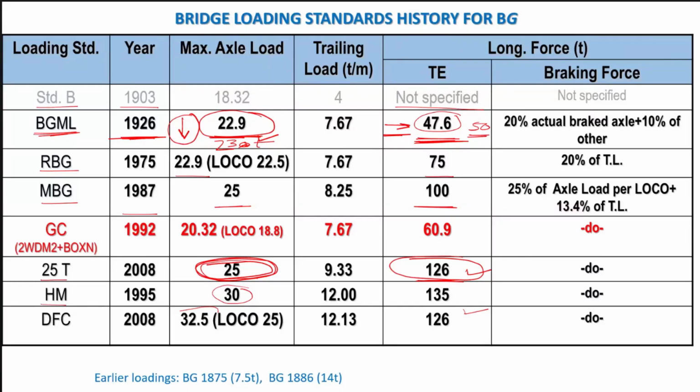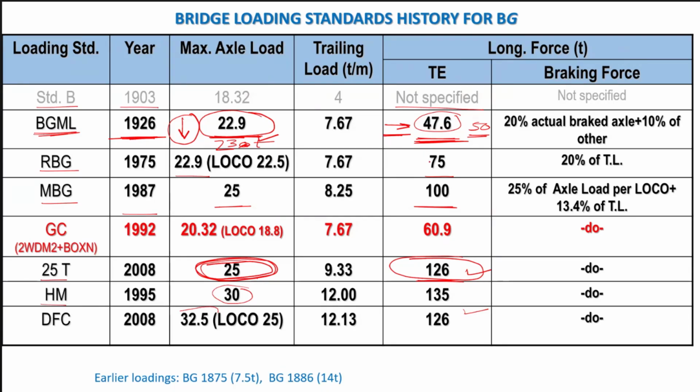Here the important thing is that the axle load increase is only 8%, and even MBG was 23%. So since the increase in axle load is only 8%, it means the superstructure does not become much more critical. Most of the time you will see RDSO has passed our BGML standard spans also for 25 ton or CC plus 8 plus 2 loadings.